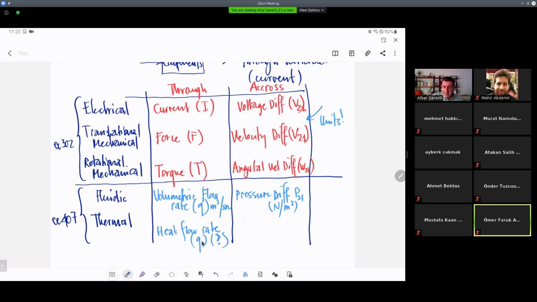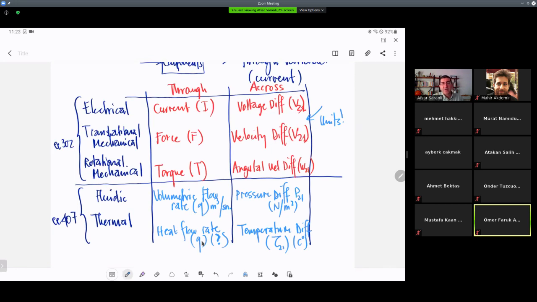And we have, again, this time we have temperature difference as our variable, tau 21, unit is degree centigrade. Okay, so this is the generalization of components in terms of different types of physical systems.